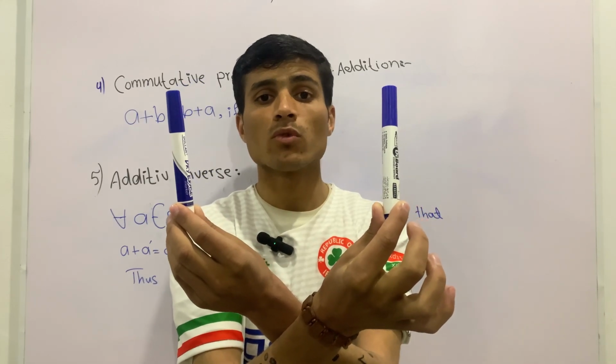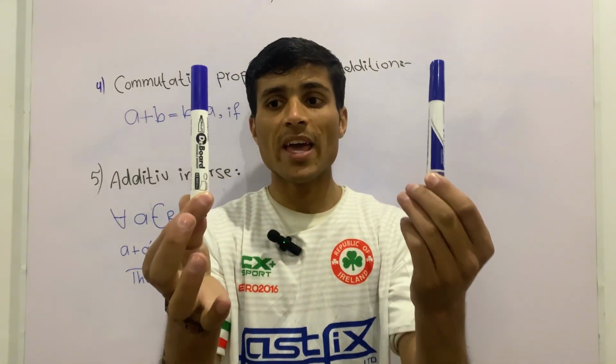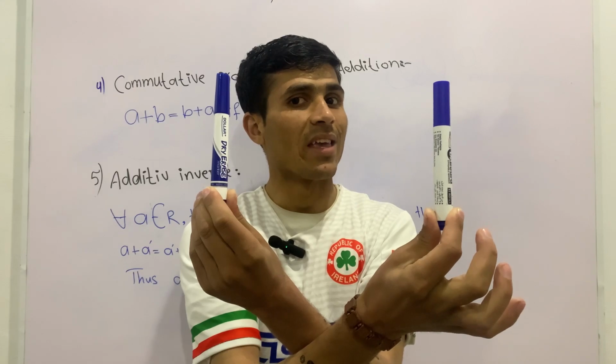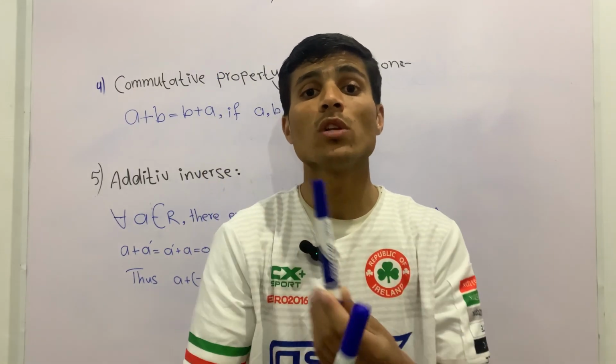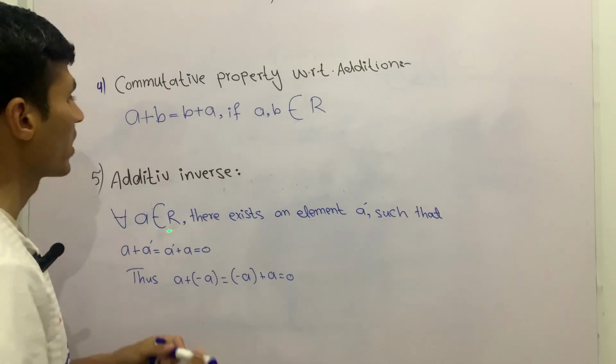The result will remain the same. So pretend this is a, this is b: a plus b equals b plus a. This is called the commutative property with respect to addition.